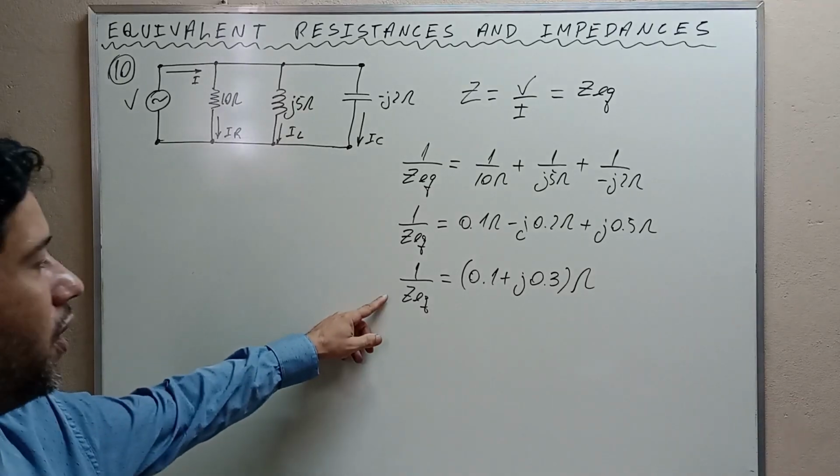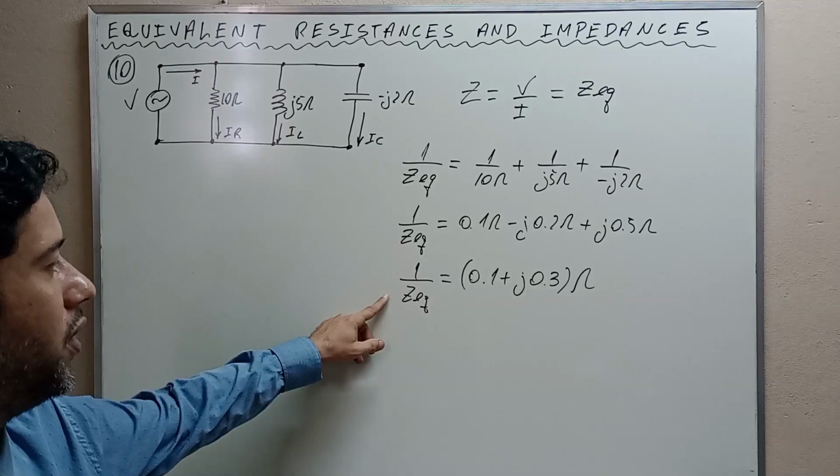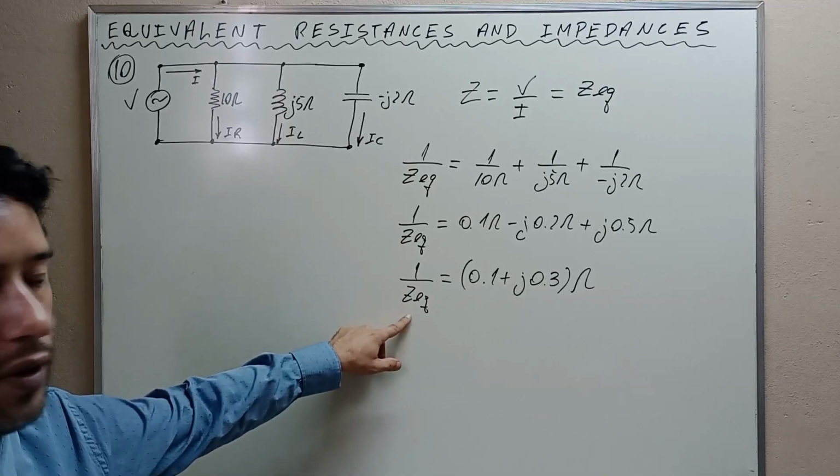We have the inverse of the equivalent impedance. We don't want it the way it is.